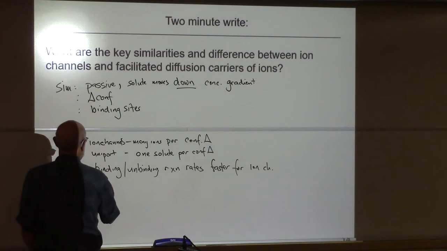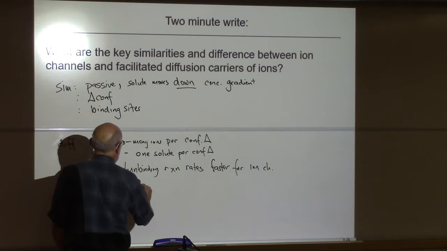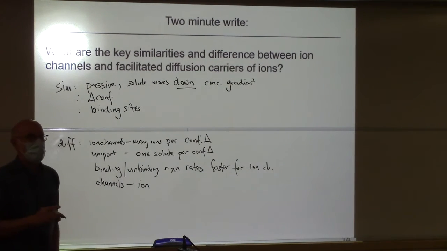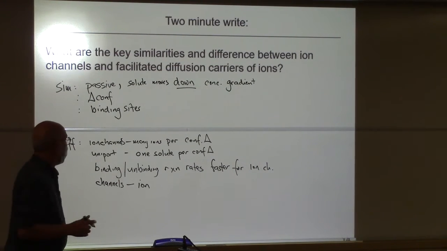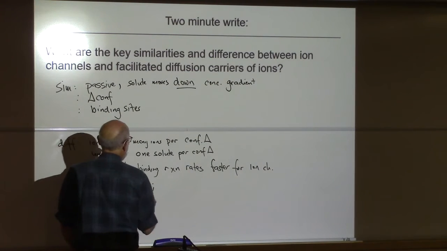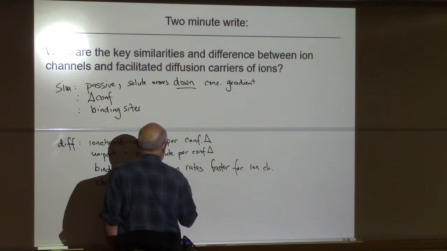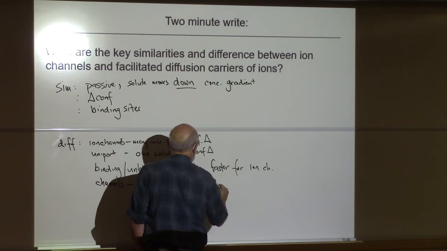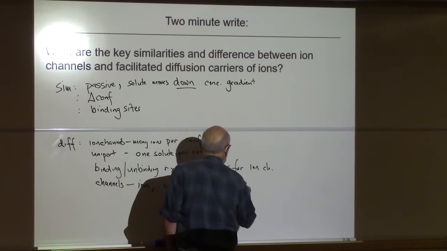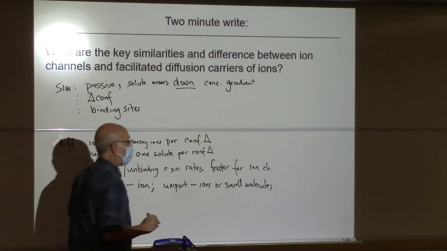So the difference is that channels are almost always ion channels, with one key exception: there is a water channel. I haven't told you about aquaporin, but it's a water channel. Most of the channels we'll talk about are ion channels, and many of the uniporters transport ions or small molecules. So that's true.